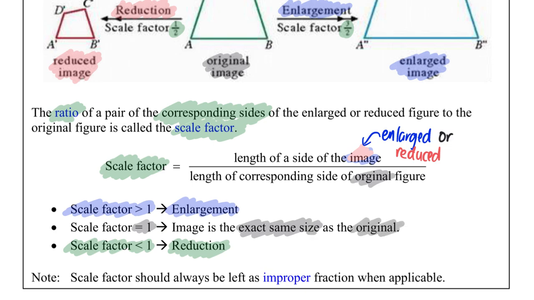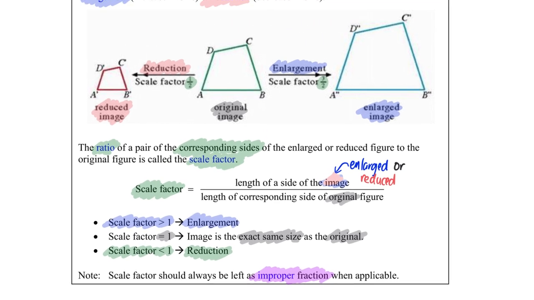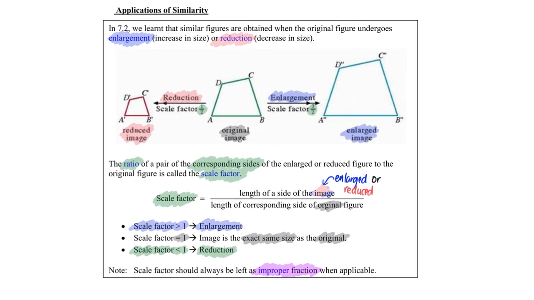Last thing to take note of is that we should always leave the scale factor as it is. If it is an improper fraction, leave it as an improper fraction. We shall now go through some examples on the applications of similarity.